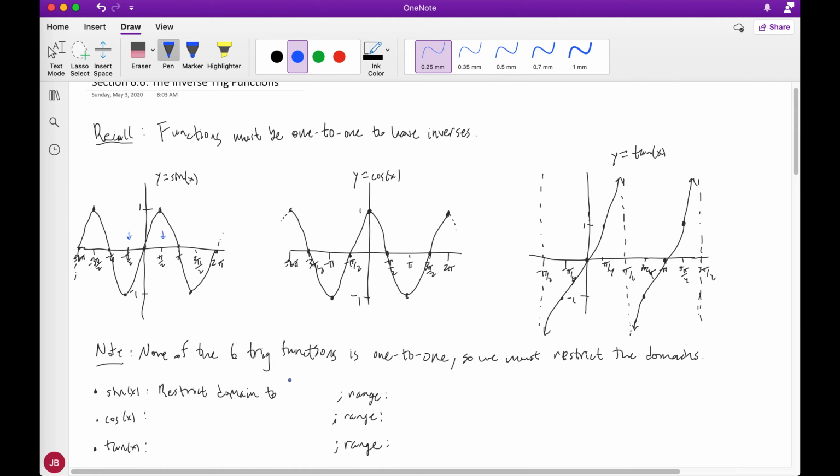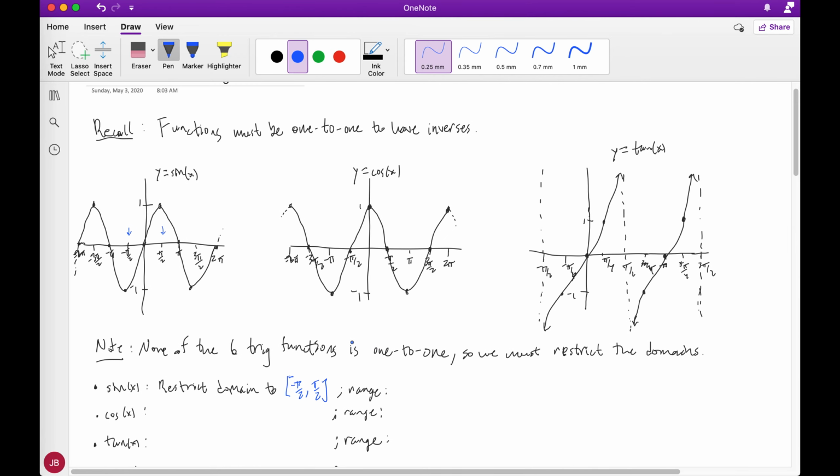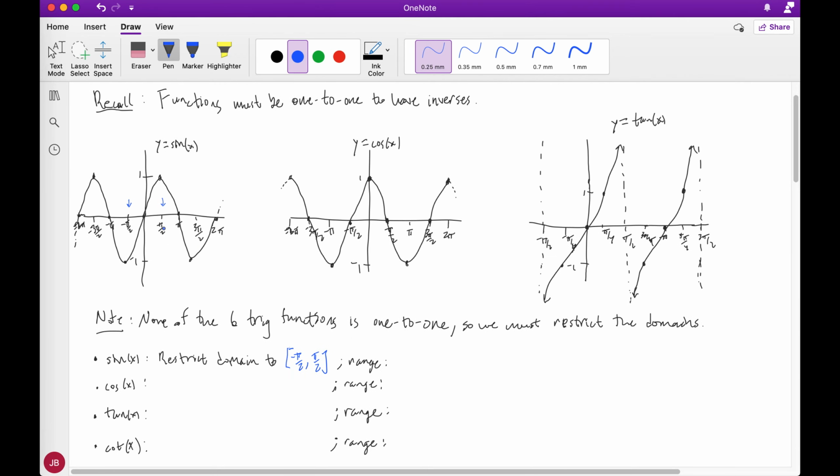So that's what we're going to do: restrict the domain from minus pi over 2 to pi over 2. And the range then will be from minus 1 to 1, all the y values that are hit.